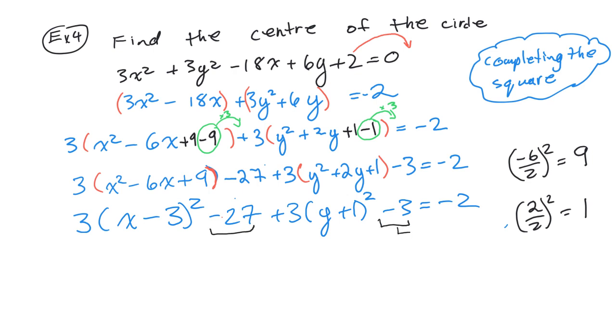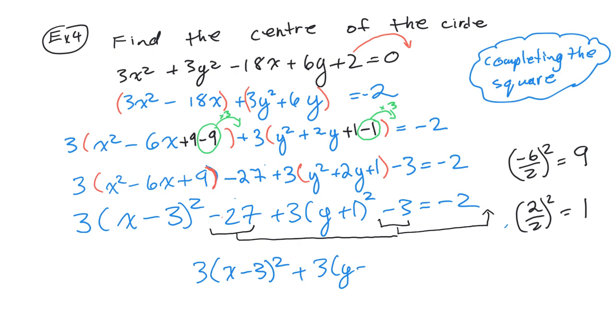We're going to move these over to the right side of our equation, and we're left with, on the left side, 3 times x minus 3 squared plus 3 times y plus 1 squared is equal to 28, because we've got minus 2 plus 27 plus 3, which gives us 28.